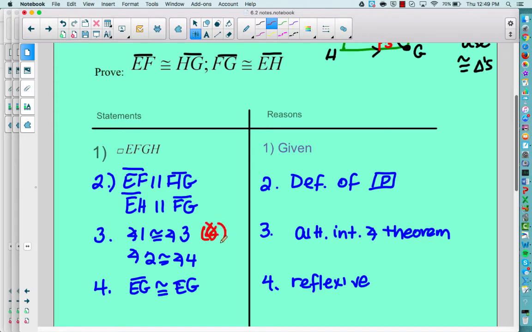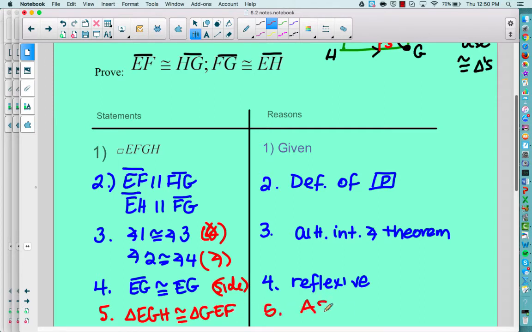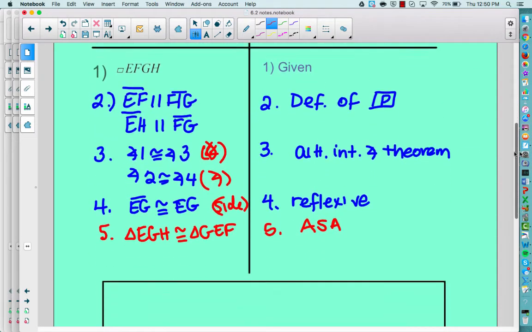An angle and a side. So I'm ready to prove the triangles are congruent. So I can do triangle EGH is congruent to triangle GEF because of angle, side, angle. All right, so now the triangles are congruent.